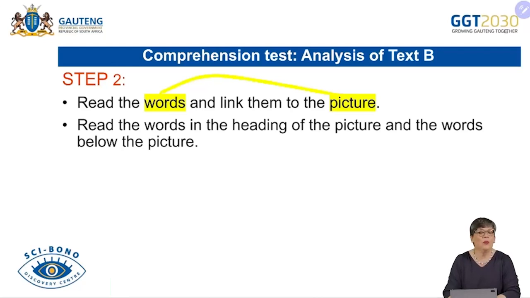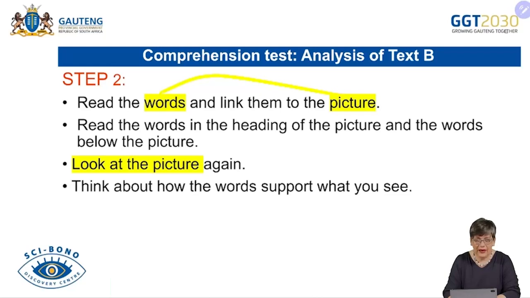Sometimes they will place words at certain places to grab your attention or make big words bigger. Be careful for that. Look at your picture again and see how the two fit together. How do the words and the picture connect with each other? Because there must be some kind of connection.